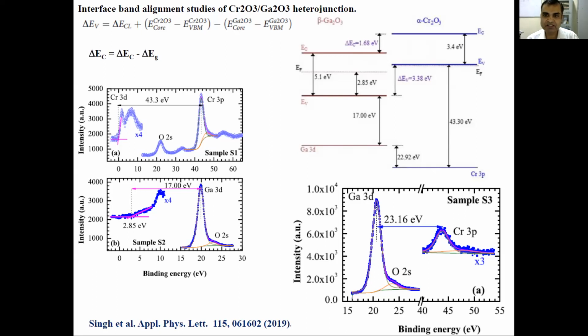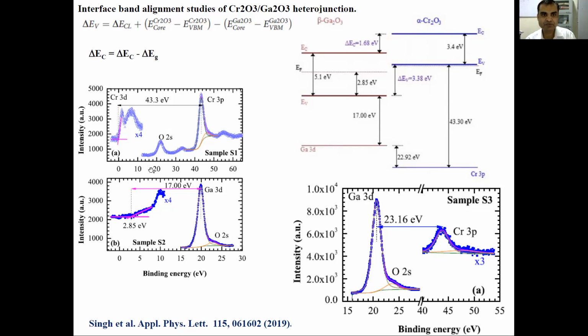This is one such example, where chromium oxide is integrated with gallium oxide. You can see that just by looking at the core level position of, say, chromium and the valence band onset position of chromium oxide as well as gallium oxide, using this particular formula, one can get an idea of the valence band offset.